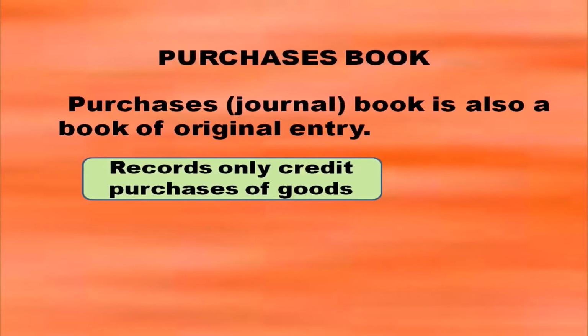Coming to the first type of special purpose book, that is the purchases book. Purchases book is a book of original entry. In this book, we will record only credit purchases of goods. Credit purchases of goods only will be recorded in the purchases book.